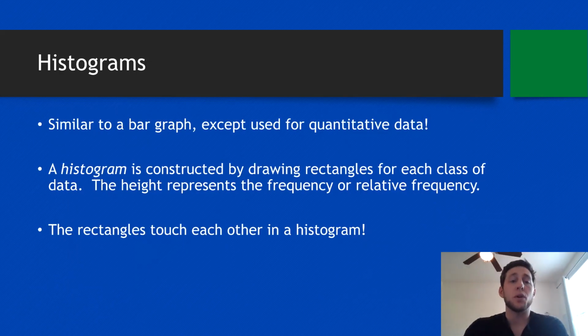So a histogram, to be formal, is constructed by drawing rectangles for each class of data, and the height represents either the frequency or the relative frequency. And like I said, rectangles touch when you're doing histograms.